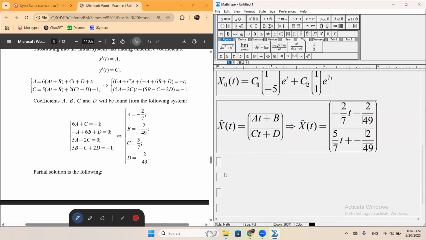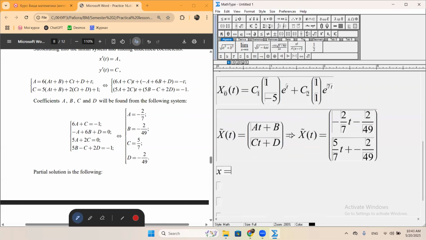So x will be equal to C1 e to the power of t plus C2 e to the power of 7t. Yes, Stanislav, question? Is there plus or minus 5/7t plus minus 2/49? Or should we put brackets? Minus.